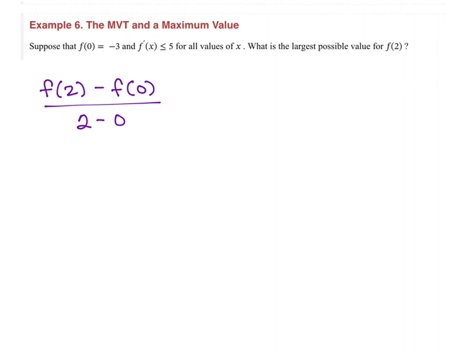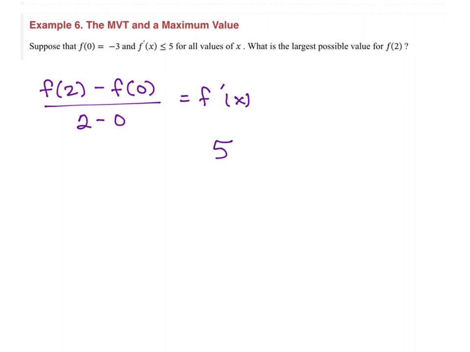We're going to use the MVT to find this point, f of 2. Because we can say that the average rate of change is going to have to be equal to f prime of x somewhere. And f prime of x on all values of x is less than or equal to 5. So at the very most, it's 5.